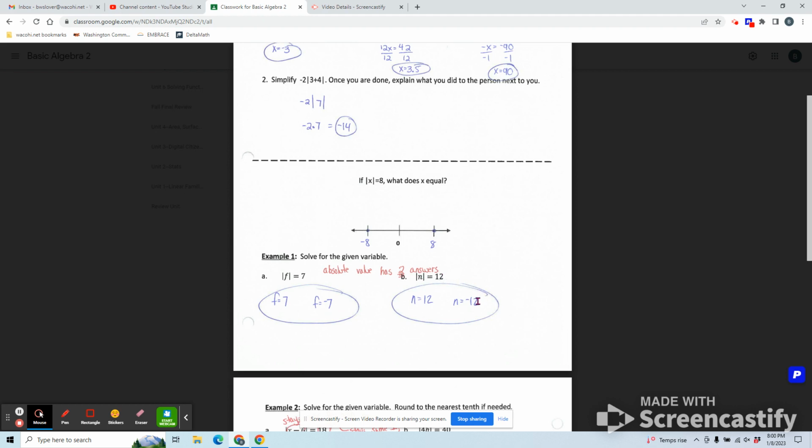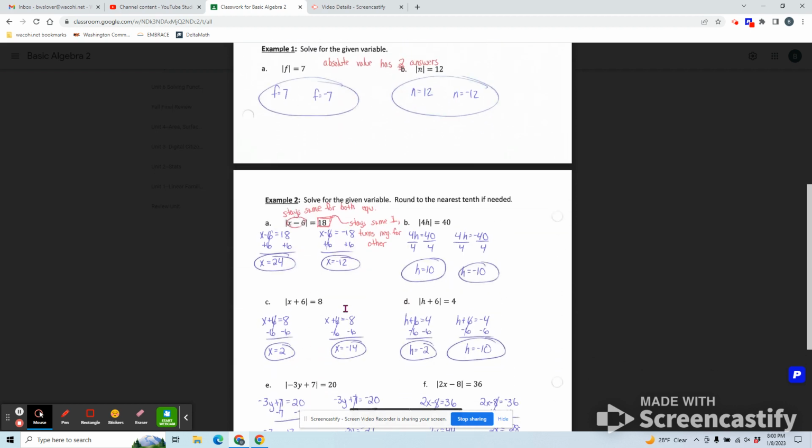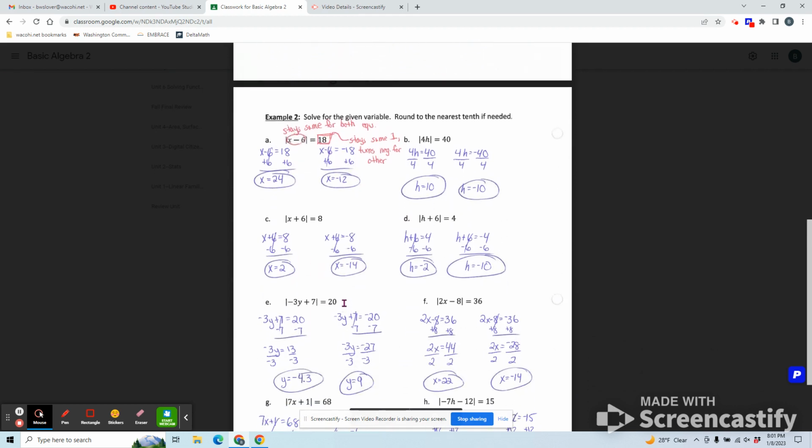Because remember, your absolute value is the distance from 0. So 12 or negative 12 are both the same distance from 0. So we're going to have two answers. So those were the very basic ones. And I say basic because there was no operation inside the absolute value. Moving forward, the rest of these do have operations inside the absolute value.